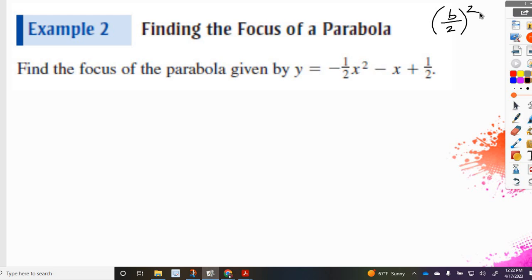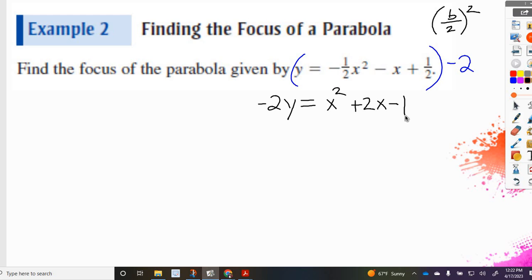However, we can only start completing the square when our leading coefficient of x squared is 1. Right now, what is our leading coefficient of x squared? So what would I do in order to get rid of a negative 1/2 right there? I don't want to factor it out this time. I would probably multiply by what? Negative 2. So we end up with negative 2y equals x squared plus 2x minus 1.